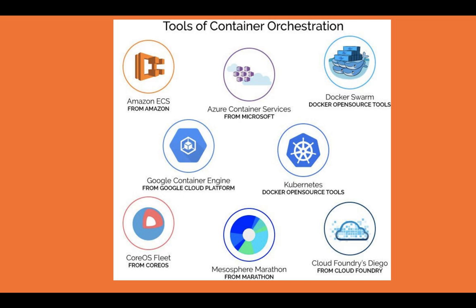On Amazon AWS cloud, we have a service called ECS, Elastic Container Service. On Microsoft Cloud Azure, we have Azure Container Service. Docker also provides its own tool for container orchestration, which is called Docker Swarm.